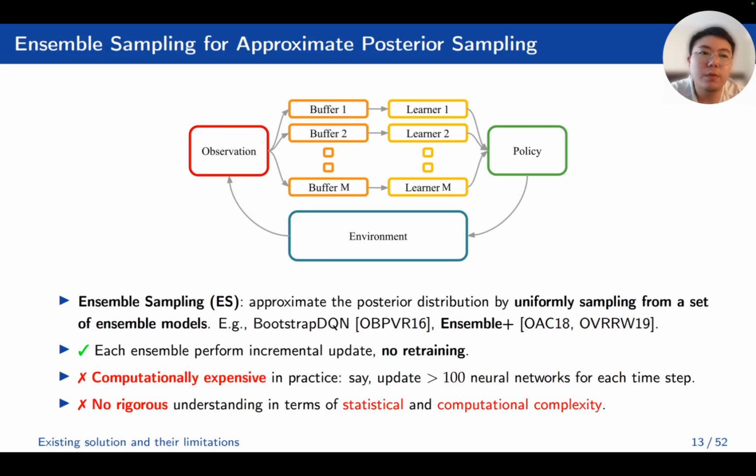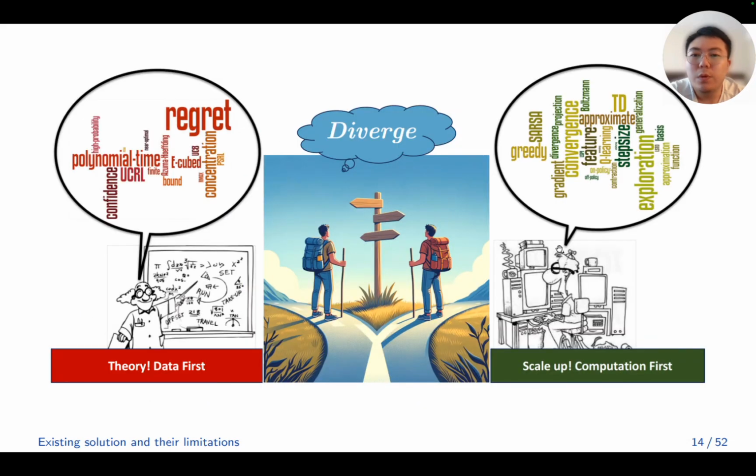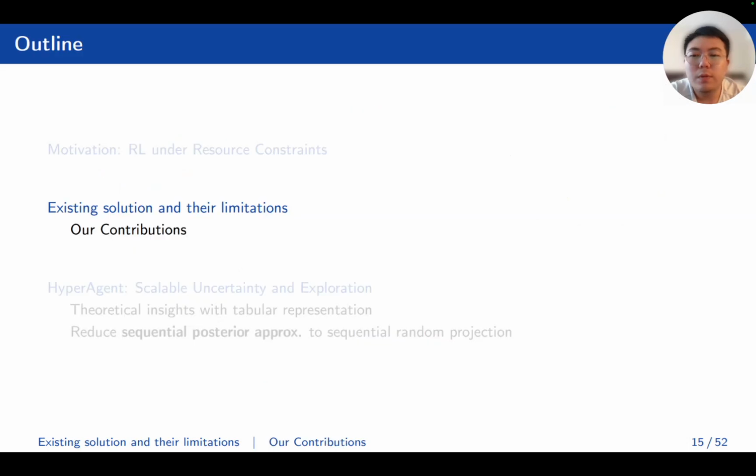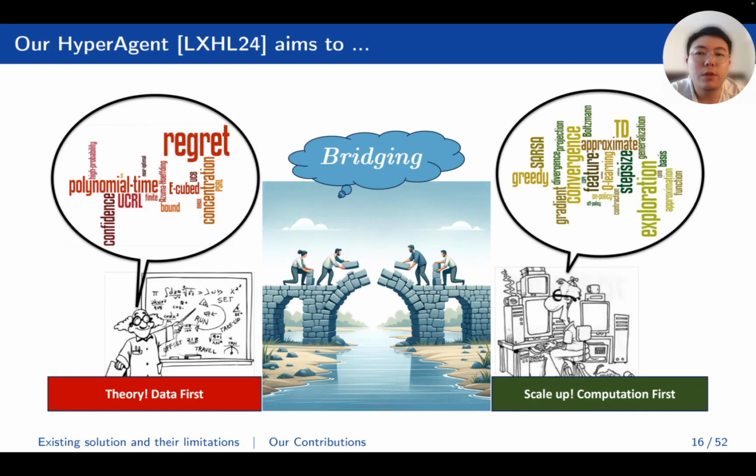However, there is no rigorous theoretical understanding of such behavior in terms of both statistical complexity and computation complexity. So it seems like these two lines of work are diverging, and in our work we try to bridge the theory, in terms of regret, and the practice, in terms of computation scaling up. So this is our goal.